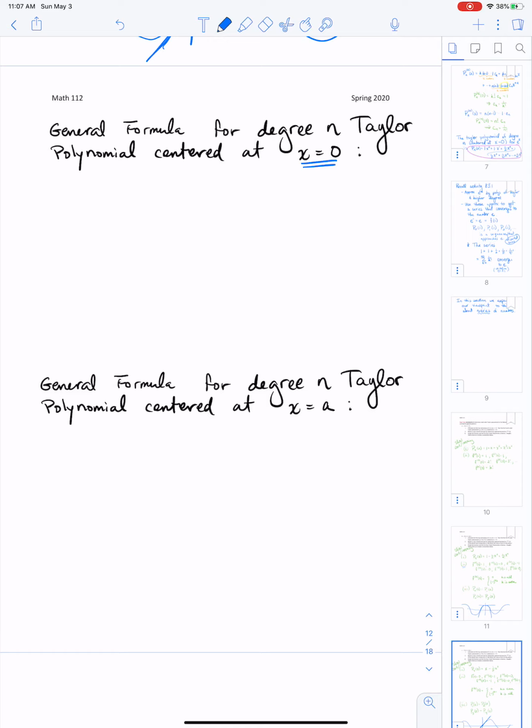So the degree n polynomial here, Pn of x, is just equal to f of 0 plus f prime of 0. Okay, and I'm going to make this a little more explicit than what's in your book, just so you can see the pattern: f of 0 over 0 factorial, f prime of 0 over 1 factorial, the second derivative evaluated at 0 over 2 factorial.